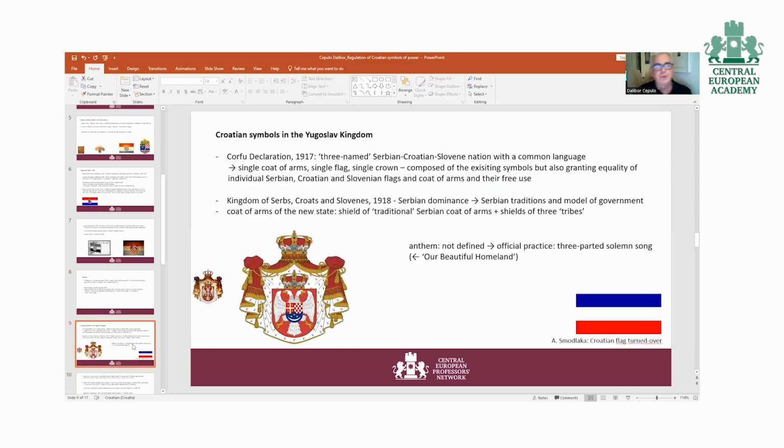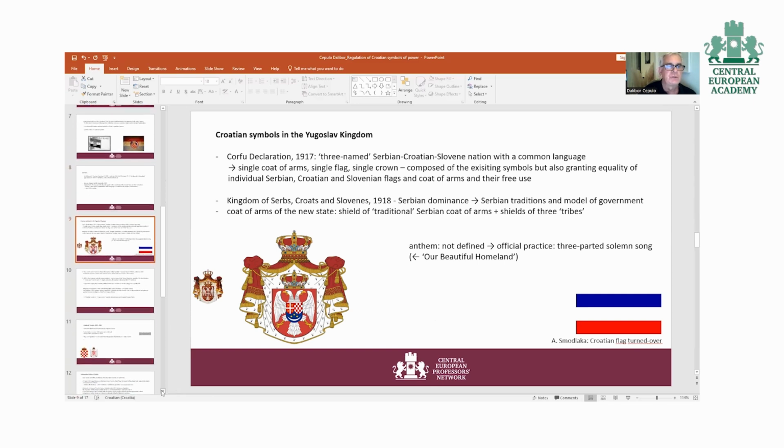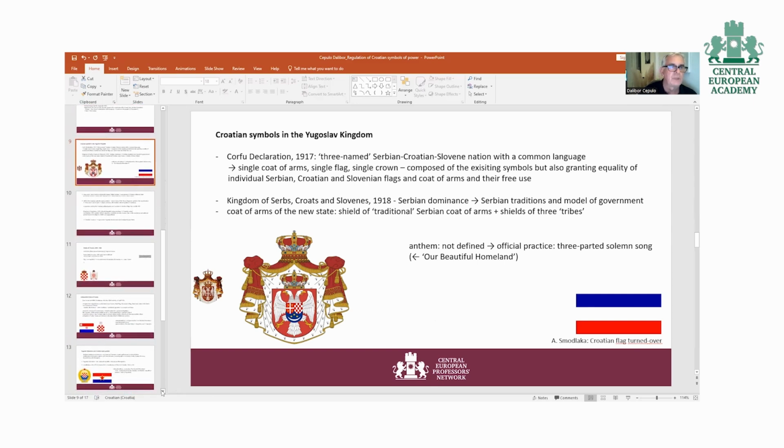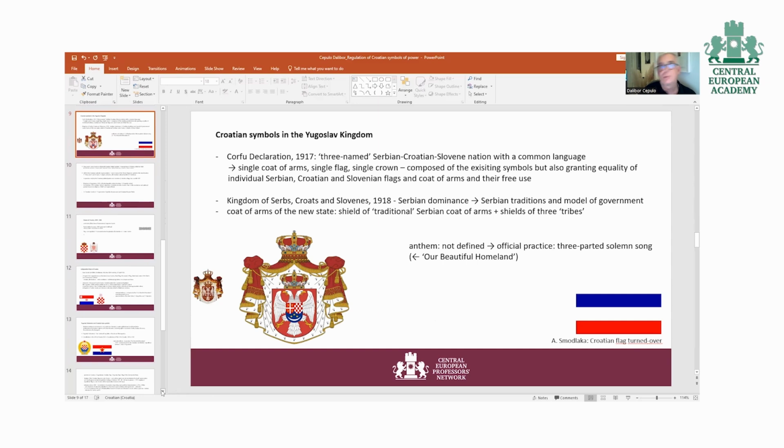Now we will skip to the regulations of Croatian symbols in the Yugoslav Kingdom. The Yugoslav Kingdom was founded as the Kingdom of Serbs, Croats, and Slovenes, as the kingdom of three named nations, Serbian, Croatian, and Slovene, with a single nation with a common language.